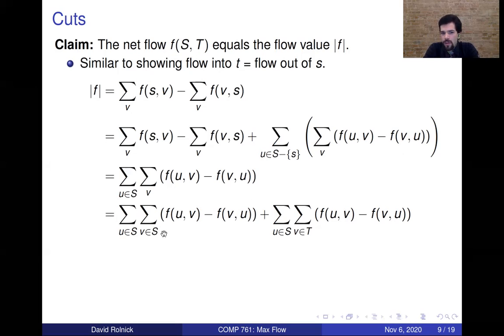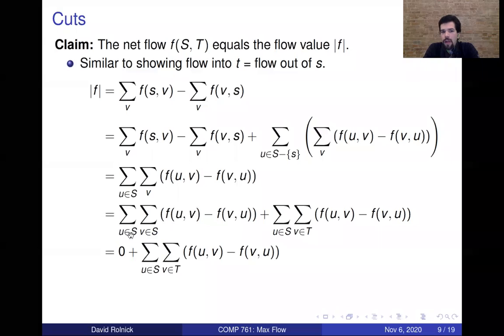But then we also have this superfluous stuff, which is the net flow within S. But the net flow within S is just 0, because everything appears as UV and also as VU here. So this is 0 plus the net flow across the cut, and so it's just the net flow across the cut. Other questions?